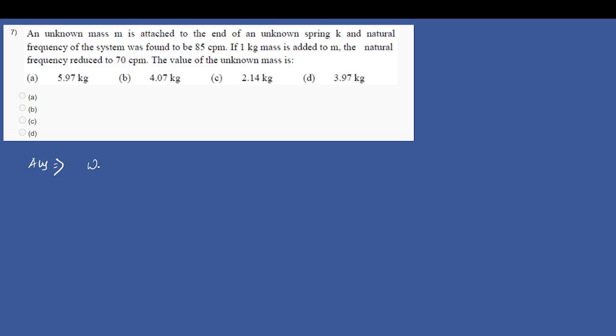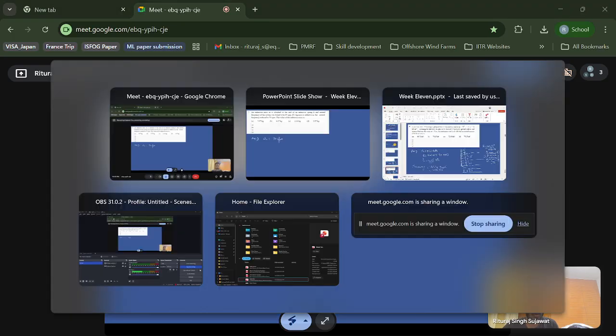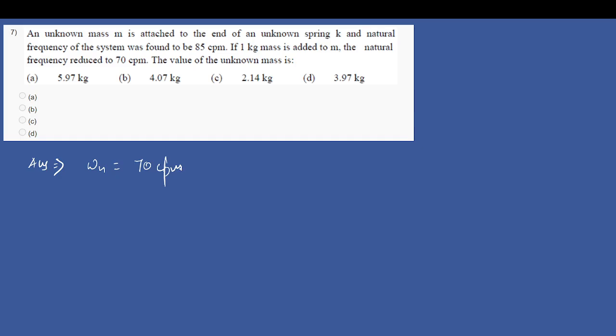So basically the natural frequency given here is reduced to 70 cpm, right? It is the case when 1 kg is added. Initially it is 85 cpm and the spring coefficient is k.